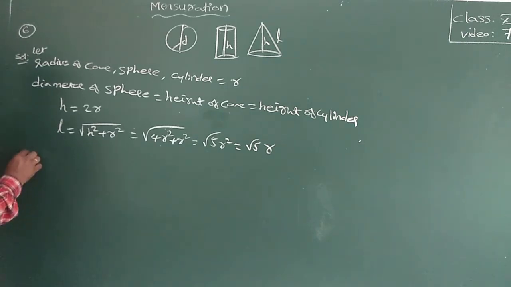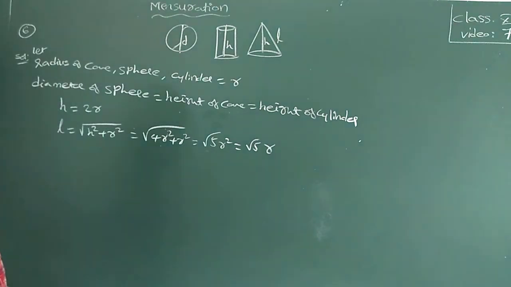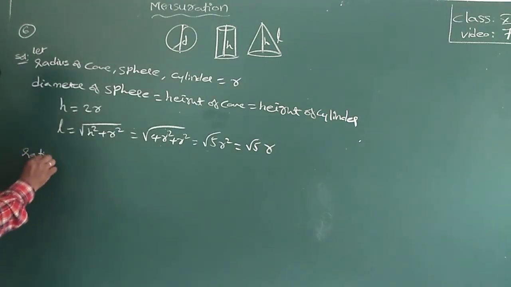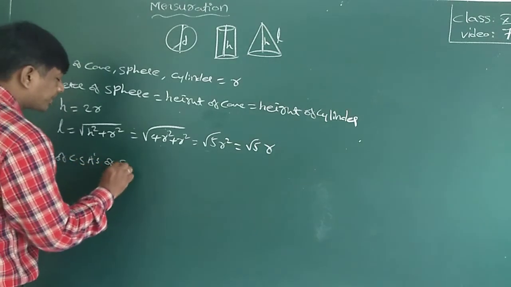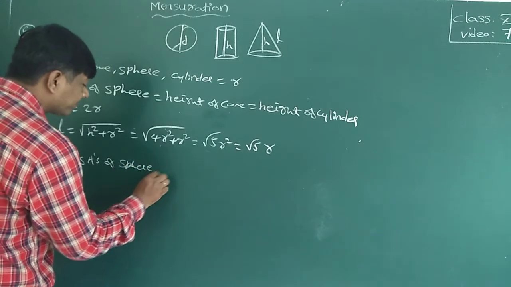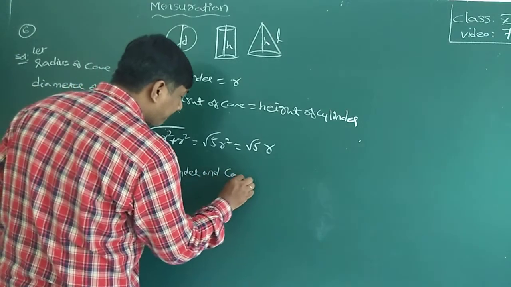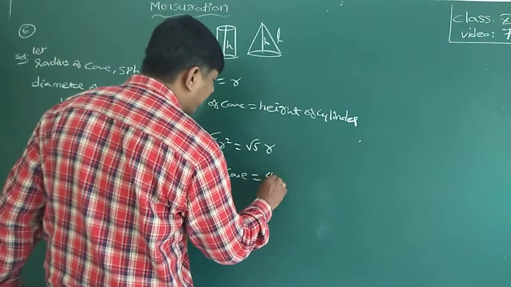Now the ratio of the CSAs of the sphere, cylinder and cone. CSA of a sphere is equal to 4 pi r square.